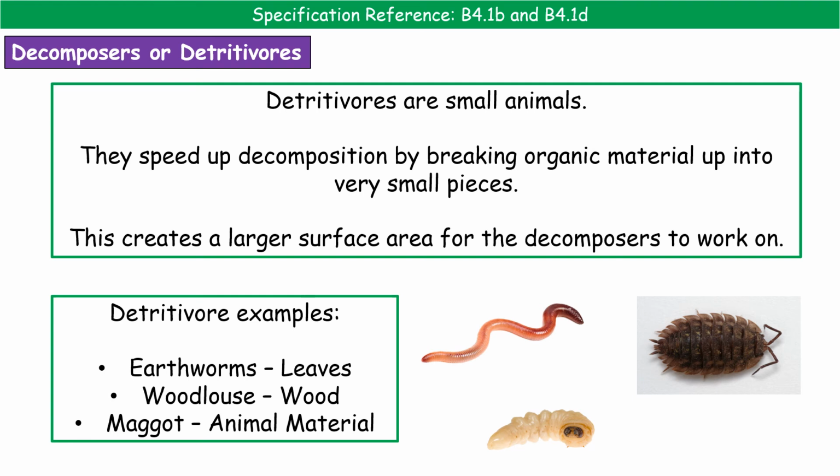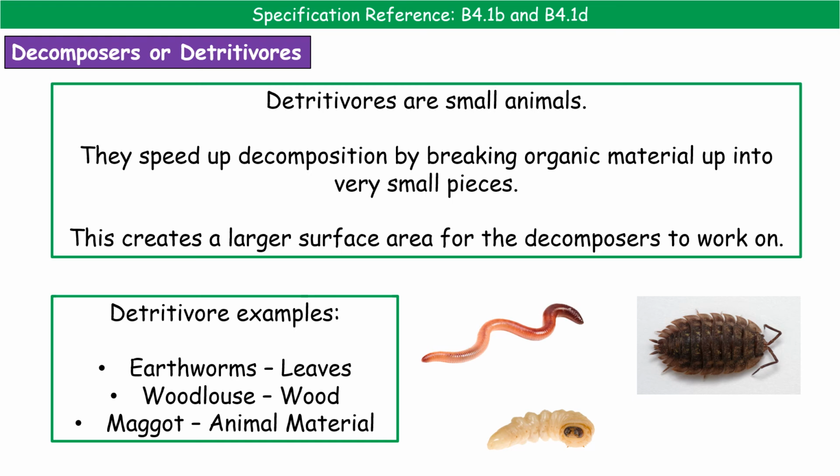Detritivores are small animals. What they're going to be doing is they basically feed on this organic material, and in doing so, they're breaking up large pieces into smaller ones. The reason we care about that is because the action of these detritivores means that we get a much larger surface area of our dead material for those decomposers to then work on.